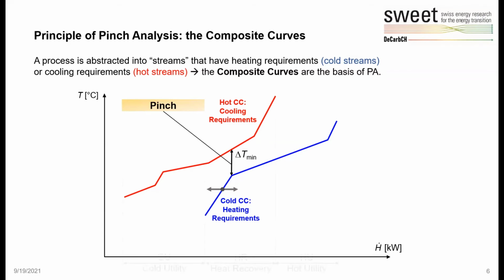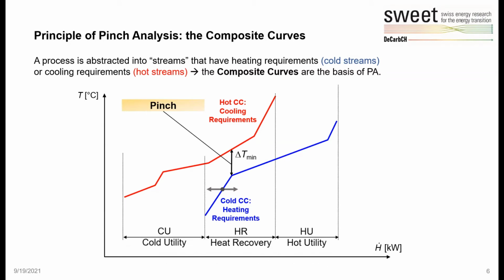They can be plotted and shifted relative to one another graphically to determine the amount of heat recovery possible within the system, indicated by the degree of overlap of the two curves. The amount of heat recovery corresponds to a particular minimum approach temperature, referred to as the delta T minimum, which exists at the most constrained point of the two curves, or pinched part of the system, more commonly called the pinch point.